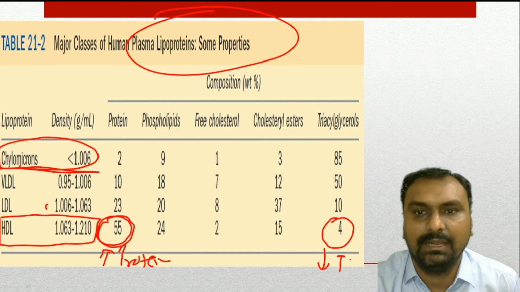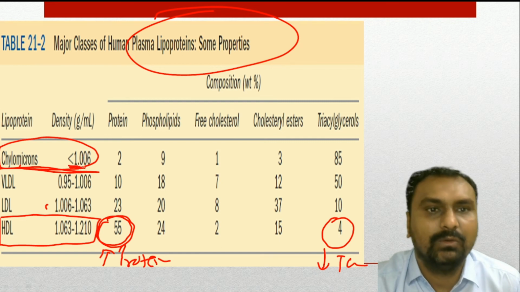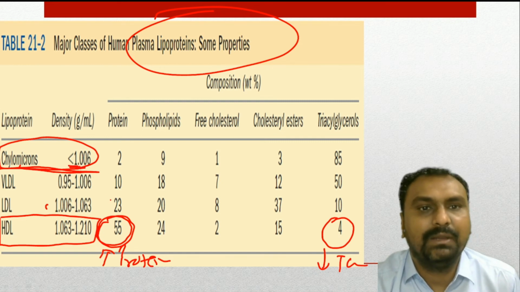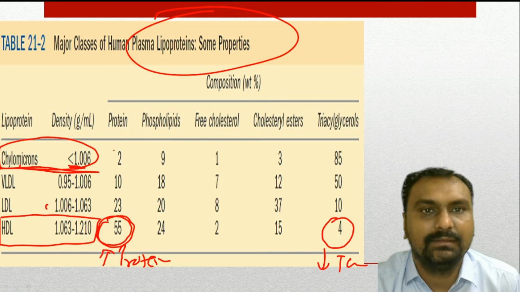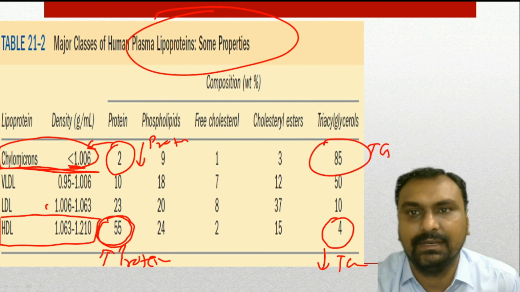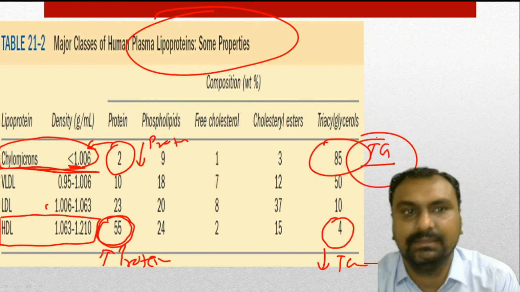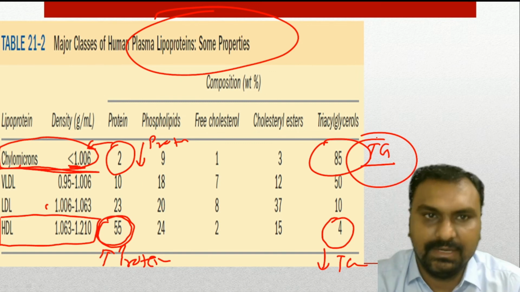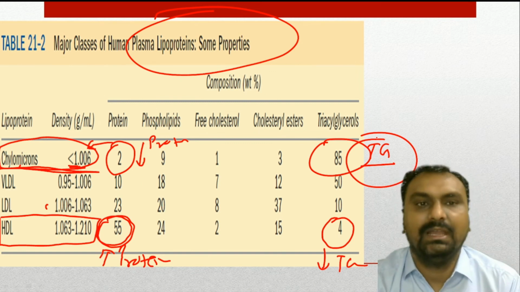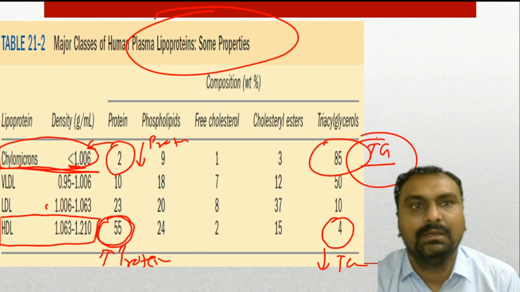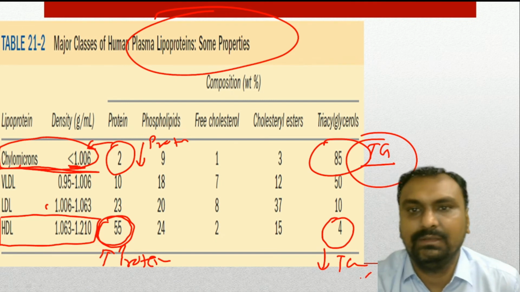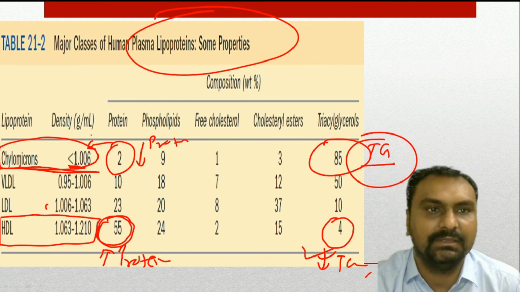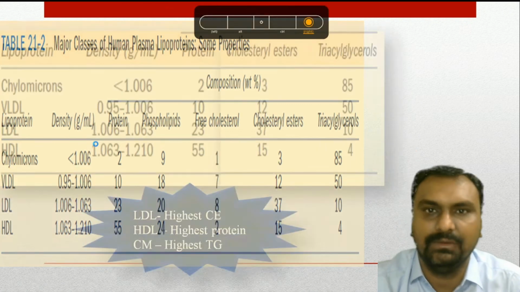While for the chylomicron, the density mainly depends on the protein. So chylomicron has the lowest protein, so it has the lowest density, but it has the highest triglyceride. So chylomicron has the highest triglyceride, lowest density and lowest protein, while HDL has the highest protein, highest density and lowest triglyceride. That you have to remember. VLDL and LDL remain in between.